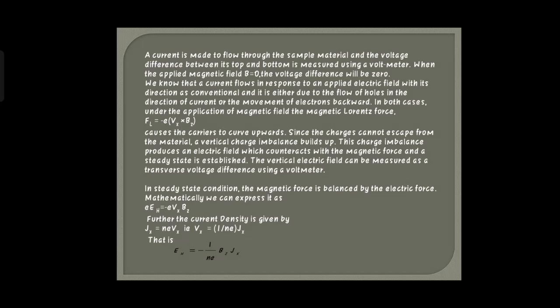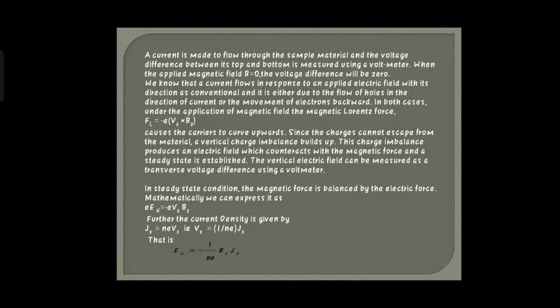In the steady state condition, the magnetic force is balanced by the electric force, which can be expressed as e into EH is equal to minus e into Vx into Bz. That is, we equate both forces in the equilibrium condition.